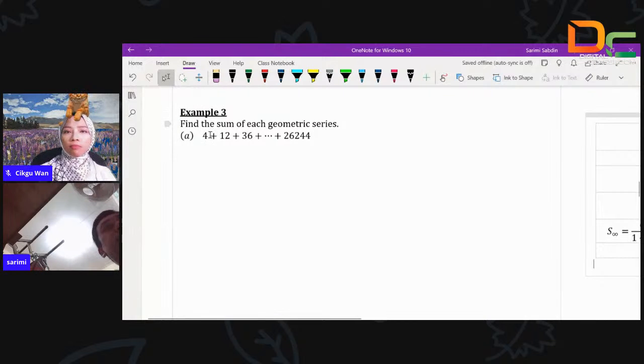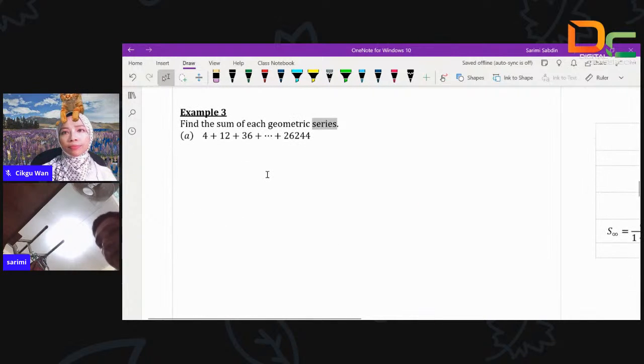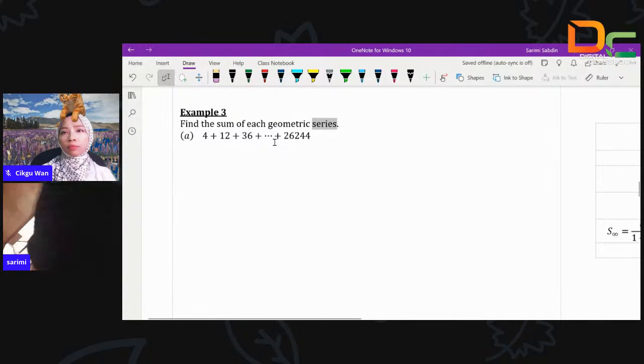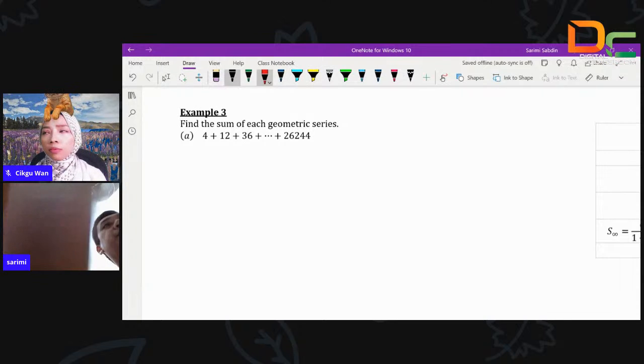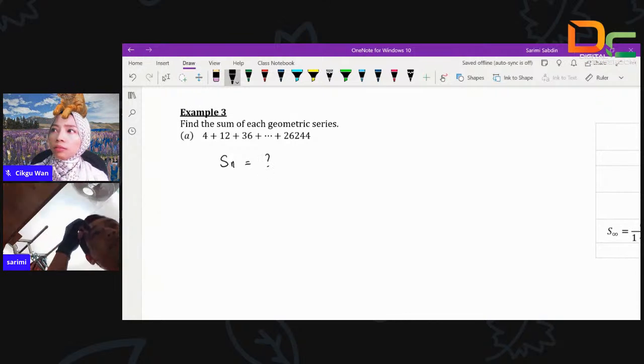When it uses addition like this, it's called a series, whereas in a progression it's just the shape. So this is a geometric series. The question asks us to find the sum, which means we need to find Sn.